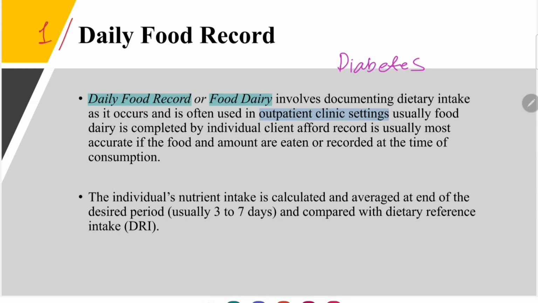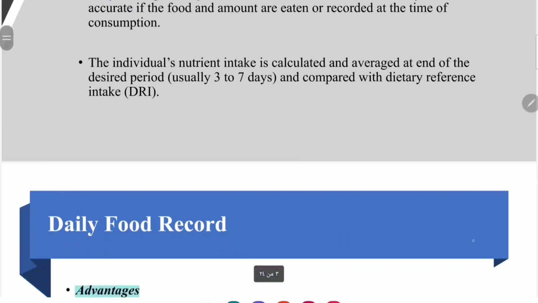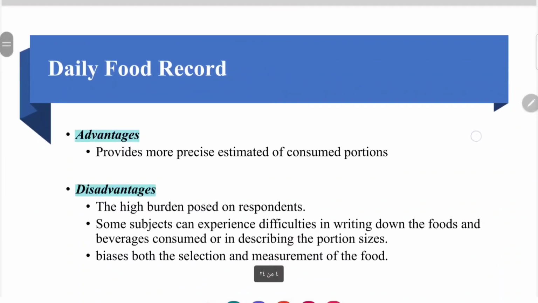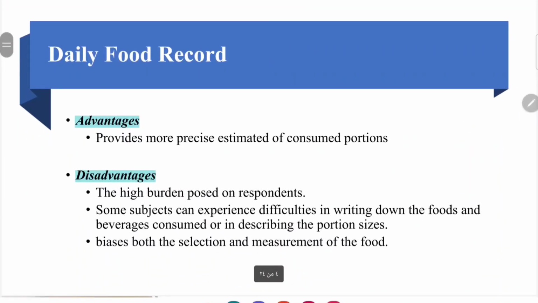The individual's nutrient intake is calculated and averaged at end of the desired period. فياخذ الأفرج حق the intake of the patient بعد الفترة محددة عشان يسووا لها compared with the dietary reference intake. فيشوف البيشنت هل he is meeting the dietary reference intake or not. فعلى أساسها راح يقرر ال health professional which to do.